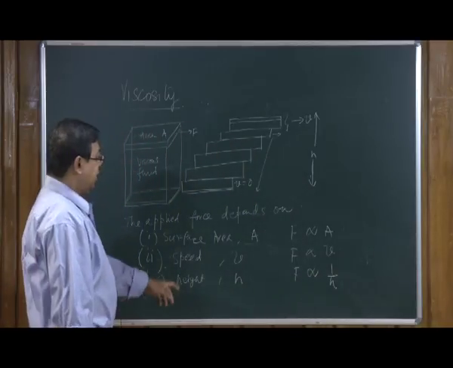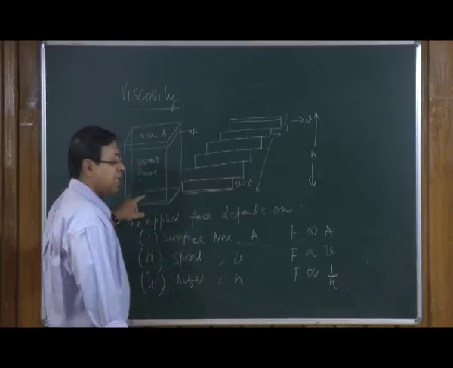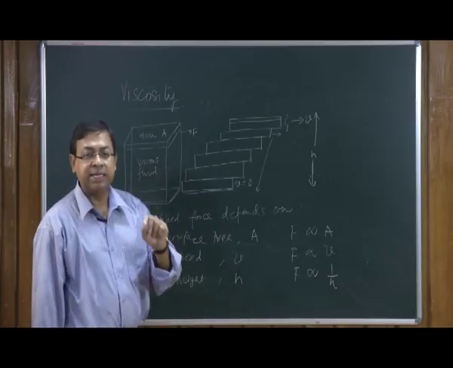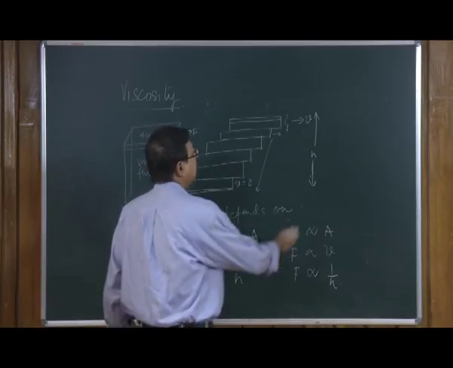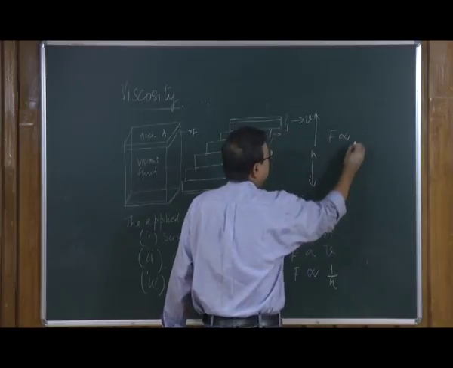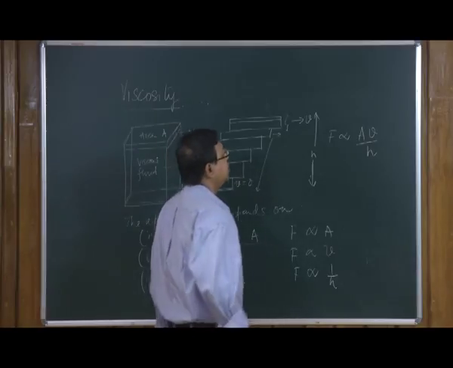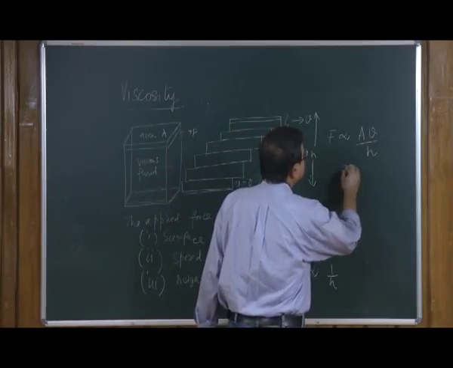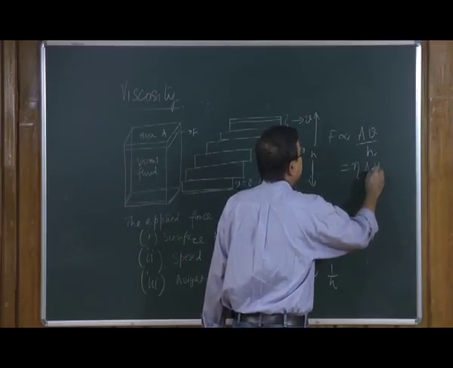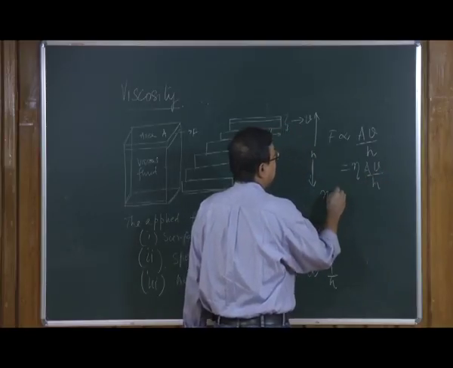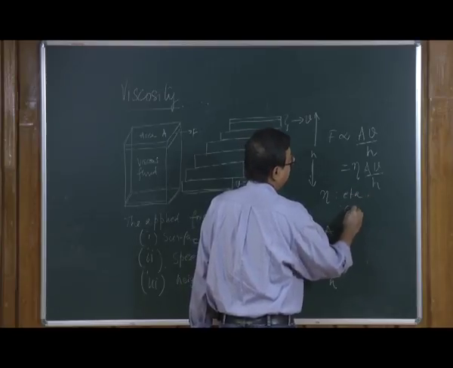If we take into account all these dependencies of this applied force F, which as I said compensates for the viscous force that exists between the layers or the lamina of the fluid, then F is proportional to A V over h, and we can write it as an equation by introducing a constant called eta, where eta is called the coefficient of viscosity.